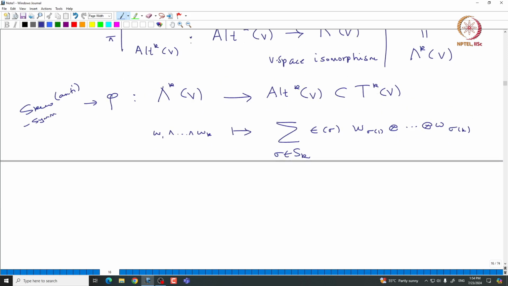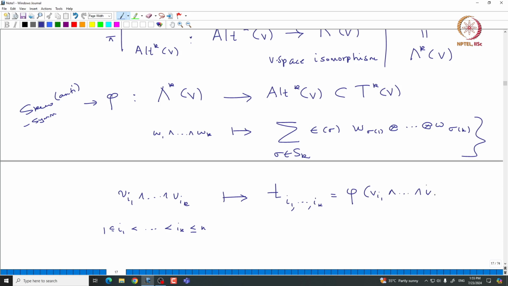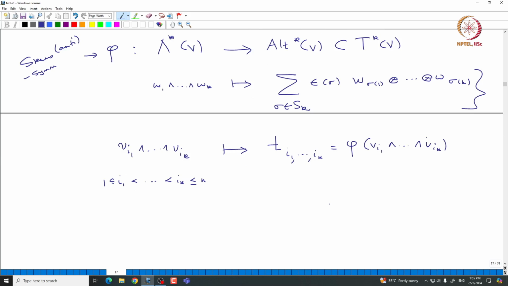It is easy to check this element is indeed an element inside Alt^k of V. If you start with the natural basis of Lambda^k V that we have already given, v_i1 wedge etc., wedge v_ik, where i1 is strictly less than etc. less than ik, coming from between 1 to n, and take its image, which is phi of v_i1 wedge etc., wedge v_ik, these elements form a natural basis for Alt^k V. So this is what is called skew symmetrization, and using that one can get a basis of Alt^k V.